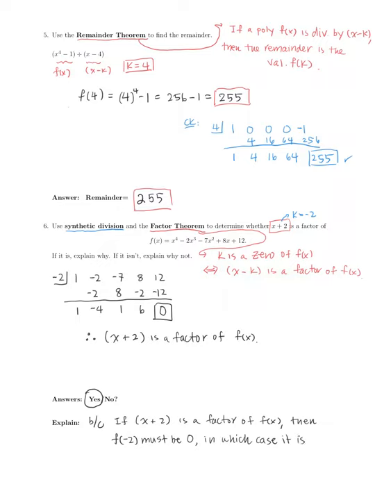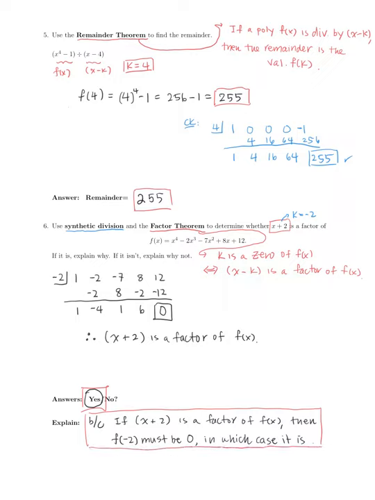Or you can say that, if x plus 2 is a factor of f of x, then dividing f of x by x plus 2, the remainder should be 0. You can also say that. All right, so either way is okay. However you want to explain it is okay, as long as it's legit. All right, so let me just box that for the answer.